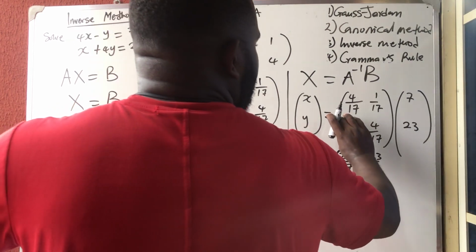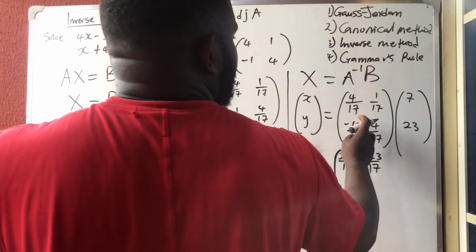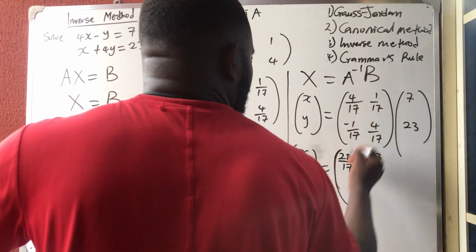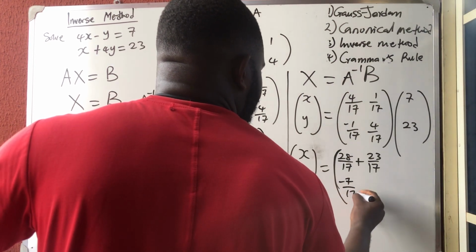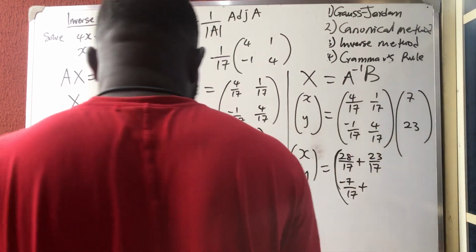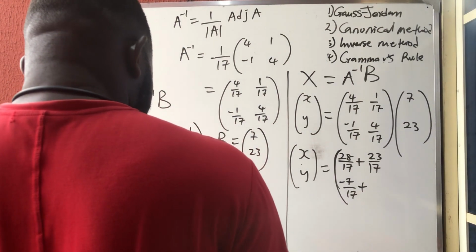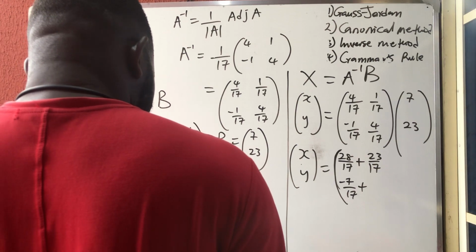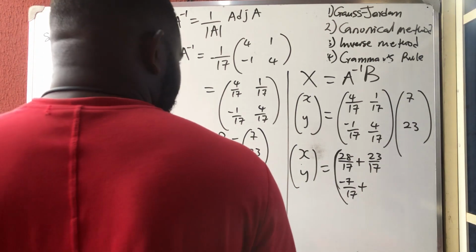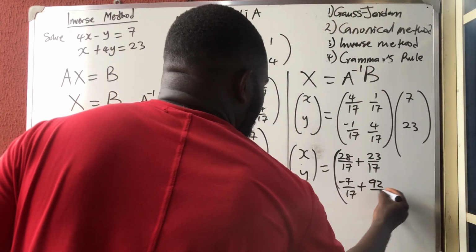The same thing happens here. This times this and this times this will give you minus 7 over 17 plus 4 times 23, 23 times 4, you have 92, so you have 92 over 17.